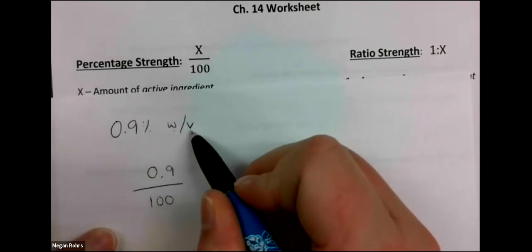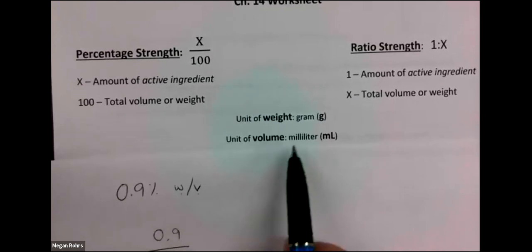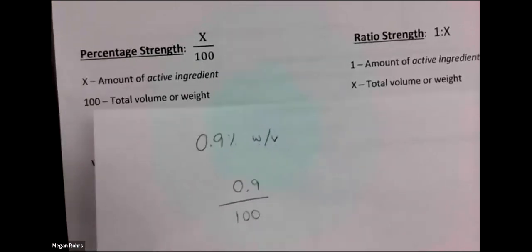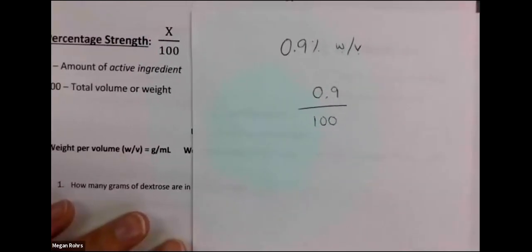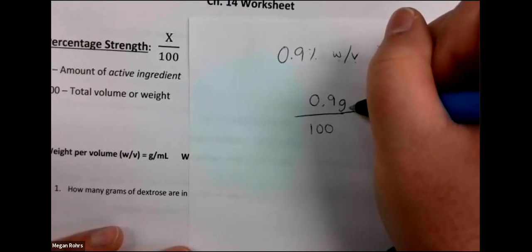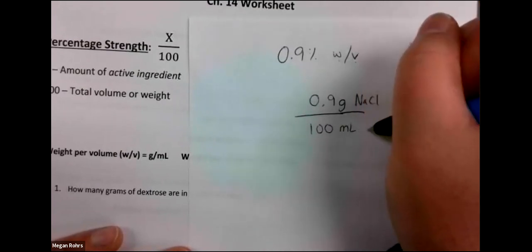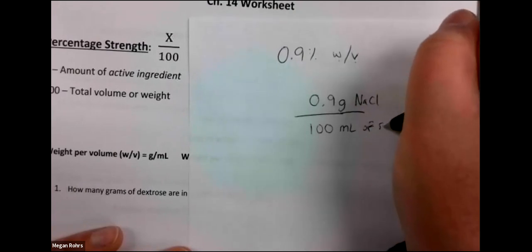Since this is a weight per volume, remember my units of weight are always in grams. My units of volume are always milliliters. So here I have 0.9 grams of my active ingredient, which is sodium chloride, in every 100 mils of solution.